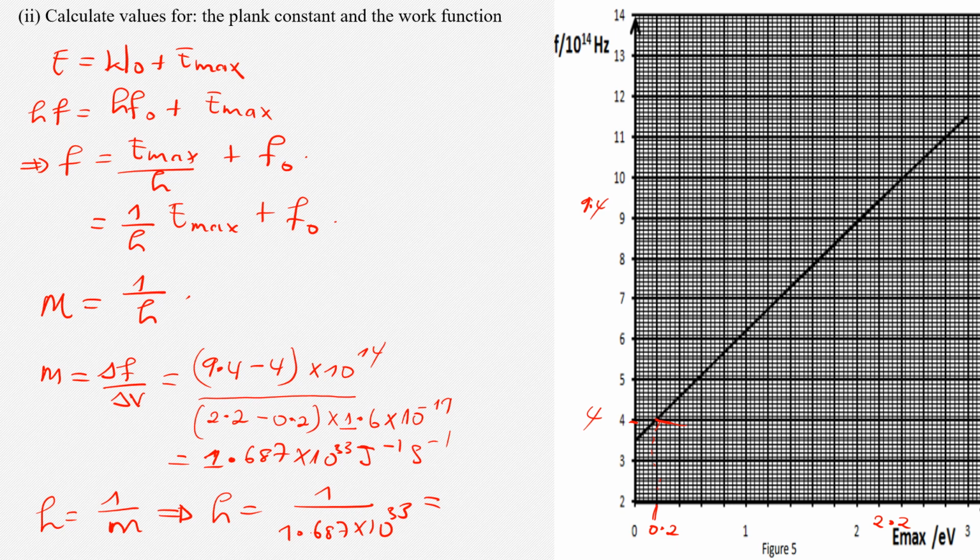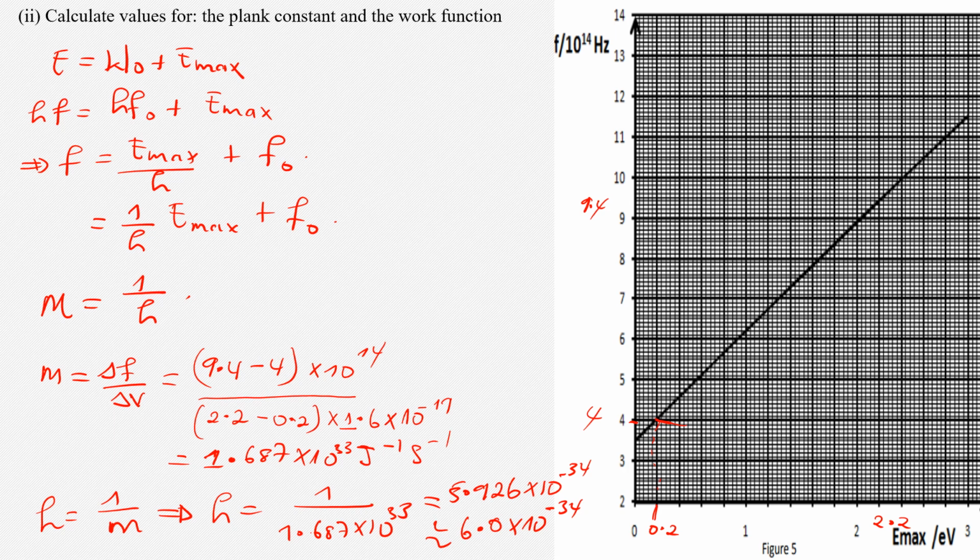So it gives us 5.926 times 10 to the negative 34. So I'm going to approximate this to 6.0 times 10 to the negative 34.